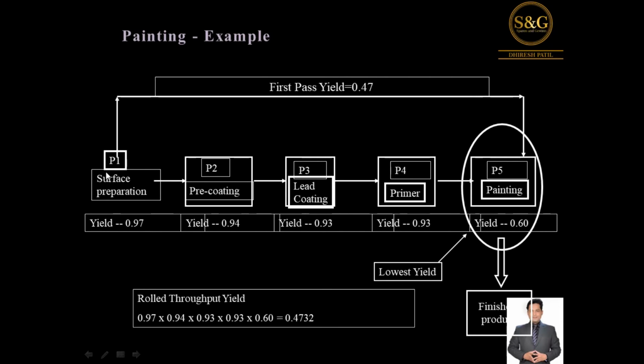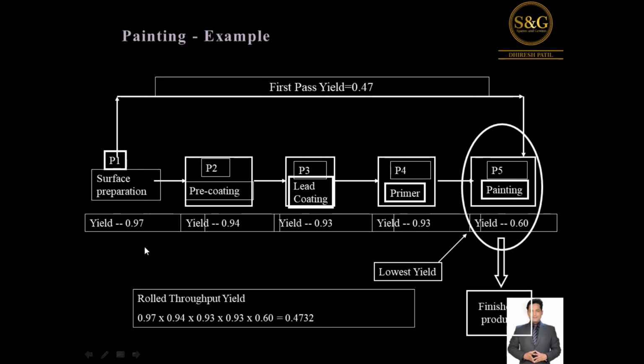Below each process the yield is given. For example, 0.97, or in other words 97% yield, which means if you input 100 pieces in surface preparation, 97% of the pieces would come out without any defect the first time only. That is called first time right, or FTR, or first pass yield.